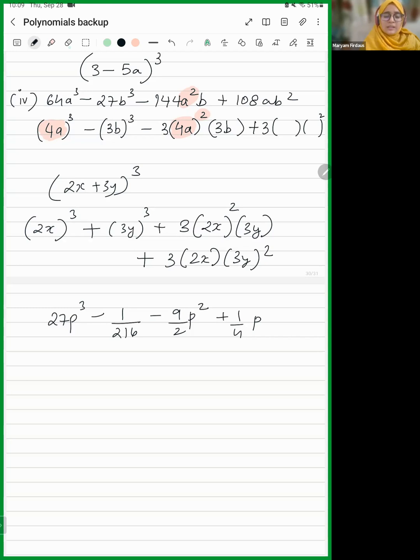So we are only thinking in terms of a and b. In some places it is a square, in some places it is a cube, in some places it is b square, some places it is b cube. That is all you have to do. Just take care of where you're putting the square and where you're putting the cube.